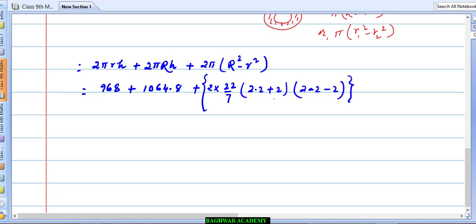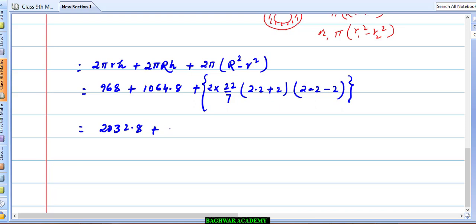If you add the first two you will get 2032.8, and plus this is required to be simplified.